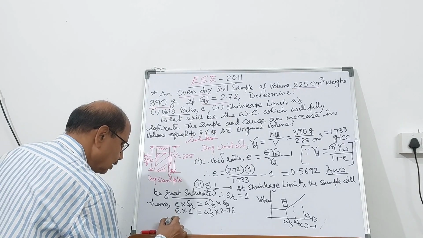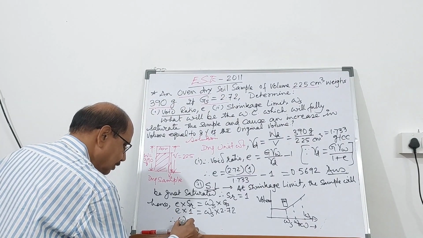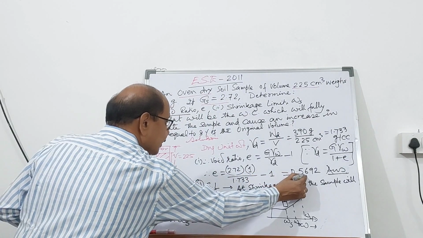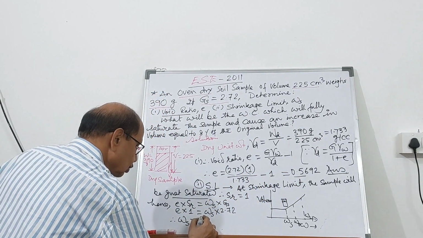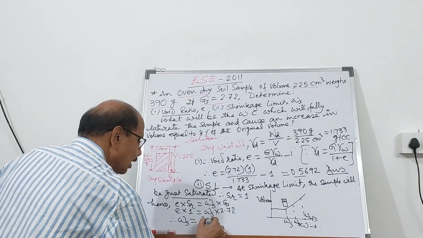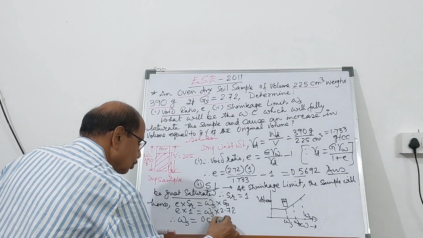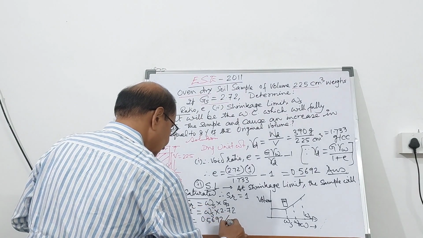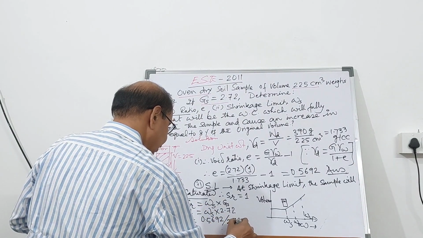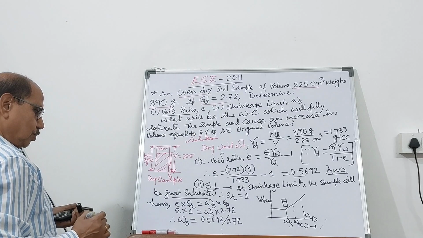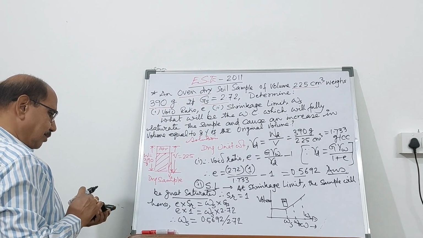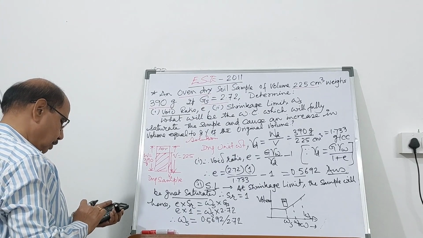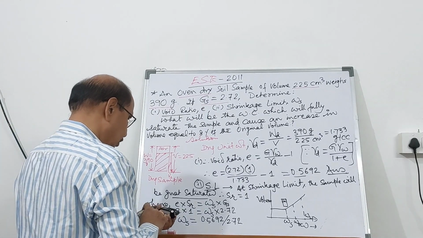Therefore, the shrinkage limit will be equal to the void ratio which you have already calculated, 0.5692, divided by 2.72.